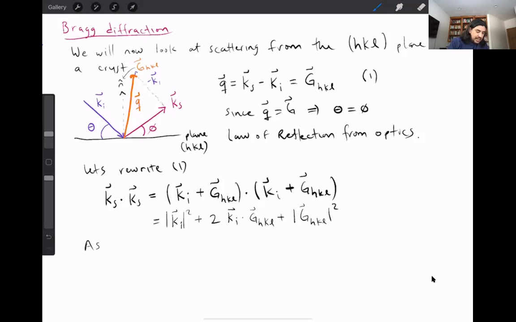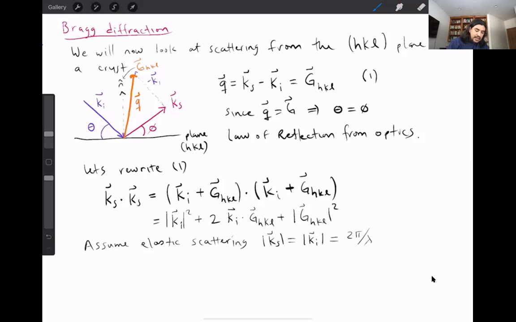So if we assume elastic scattering, that means both of our Ks and Ki are the same magnitude, different angles. Then we know the magnitude, because lambda is the wavelength of our X-rays. We know that the K vector is just 2 pi over lambda.